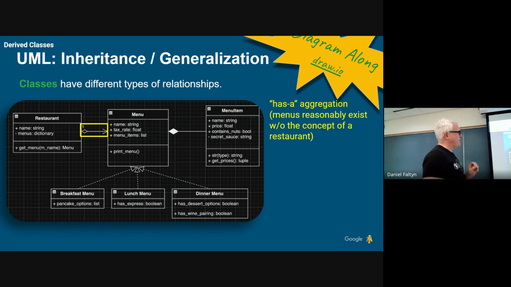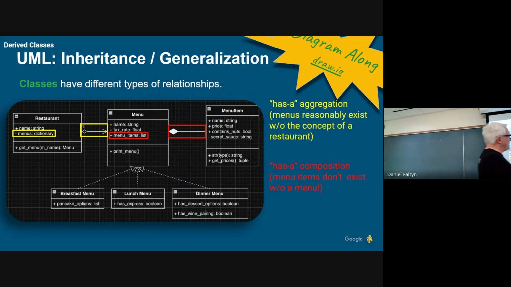But we do want to appreciate there's a difference between a has-a and an is-a relationship. So a restaurant has a menu. I think we can all agree a restaurant is not a menu, right? So a restaurant has a menu, and a menu has menu items.